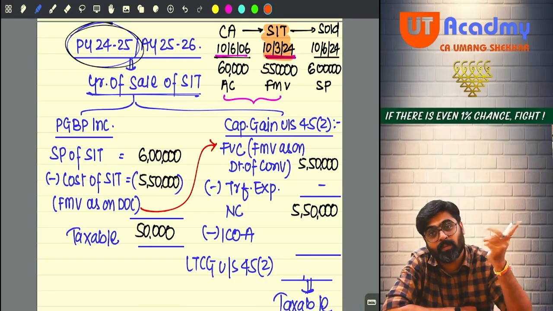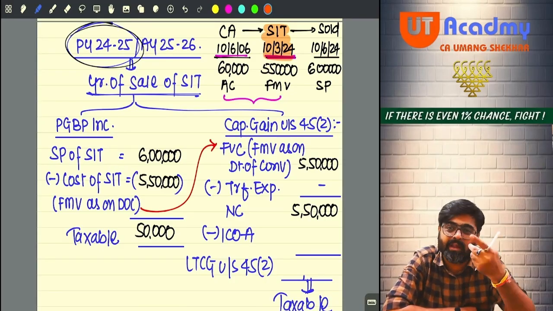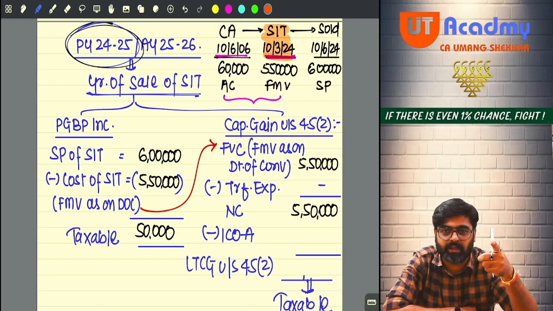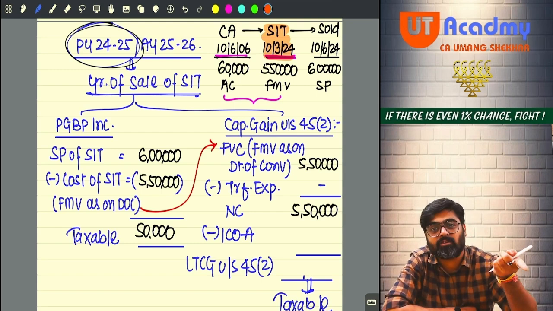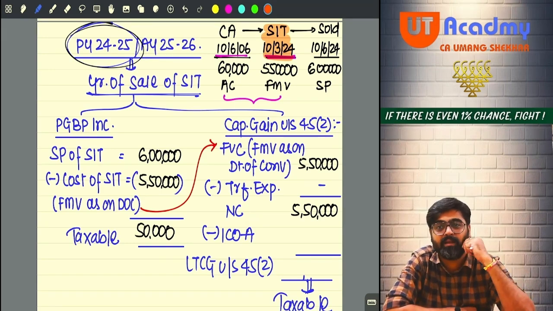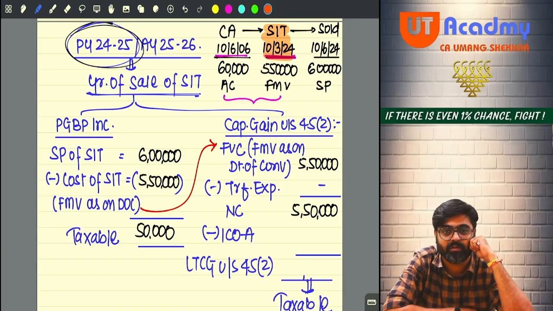If the period of holding is 12, 24 or 36 months or less, then the asset is short term, no indexation will happen. But if the period of holding is more than 12, 24, 36, as the case may be, then the transfer is taking place prior to 23rd July, 10th of March. Now I will have to index the cost also.